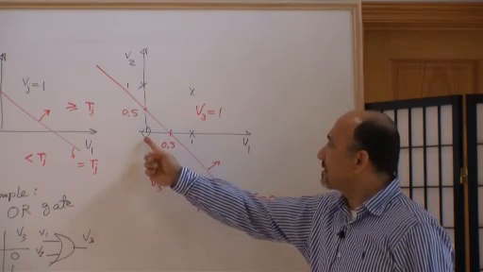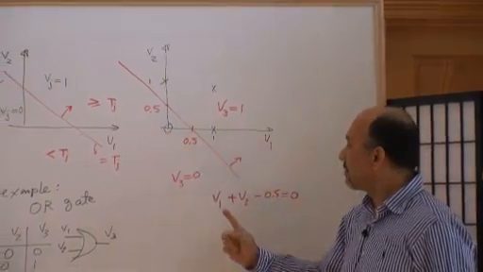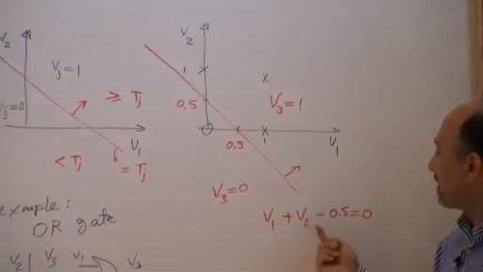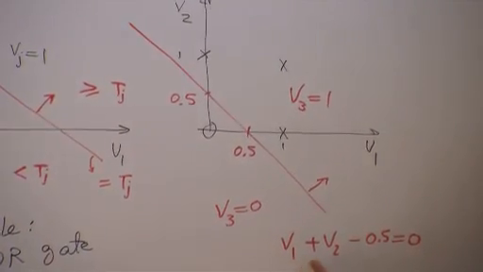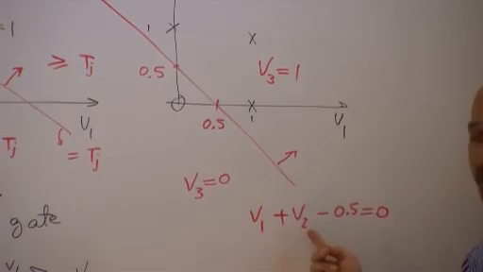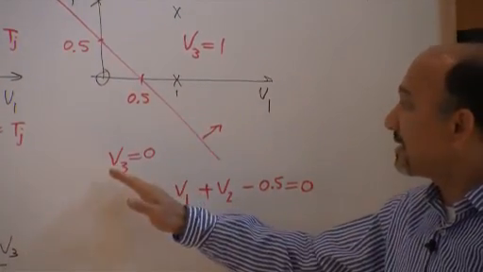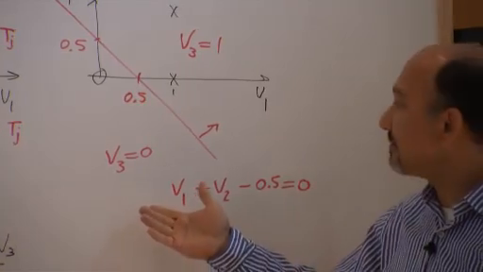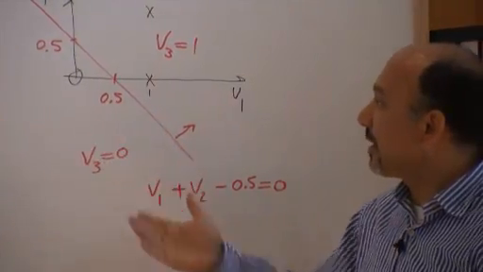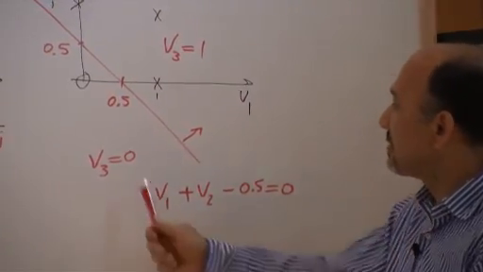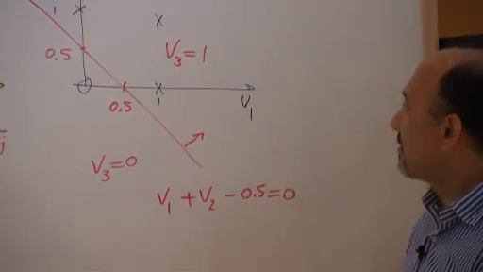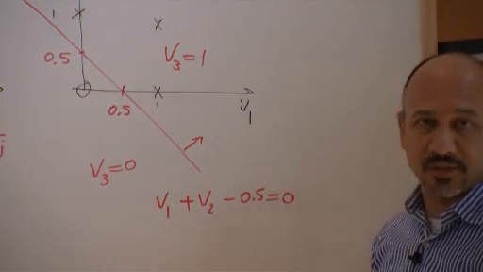So if I choose 0, 0 for V1 and V2, substituting 0 and 0, you get negative 0.5. So it means you are on the negative side, and that's what we'd like to have, which gives us V3 equal to 0. And this side V3 equal to 1. So this equation works.